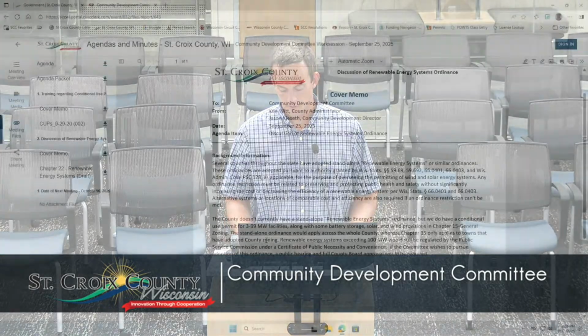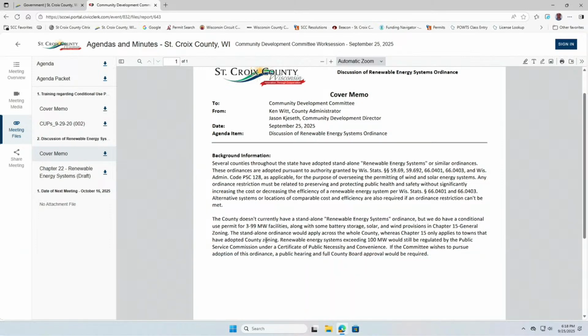Are we ready to jump into our next agenda item? Yes. Okay. In the memo here, basically, the difference with a renewable energy system ordinance compared to just putting provisions in our chapter 15 general zoning ordinance is that this renewable energy systems ordinance would apply countywide, because it's not tied to the zoning maps and the general zoning districts that chapter 15 is.